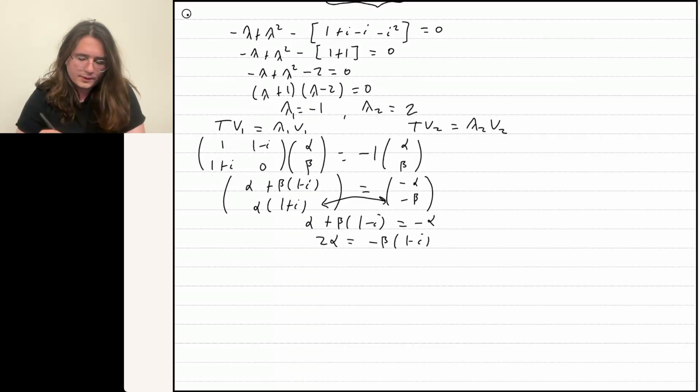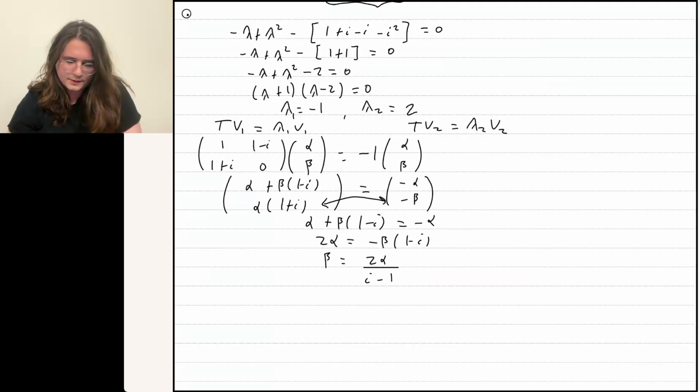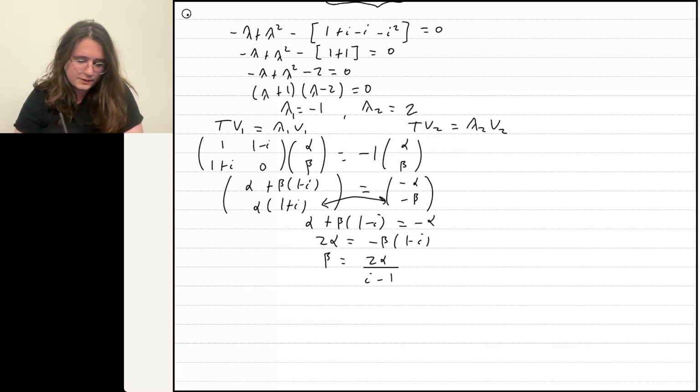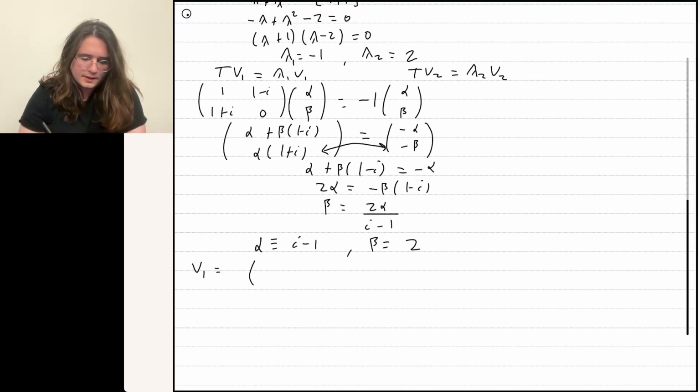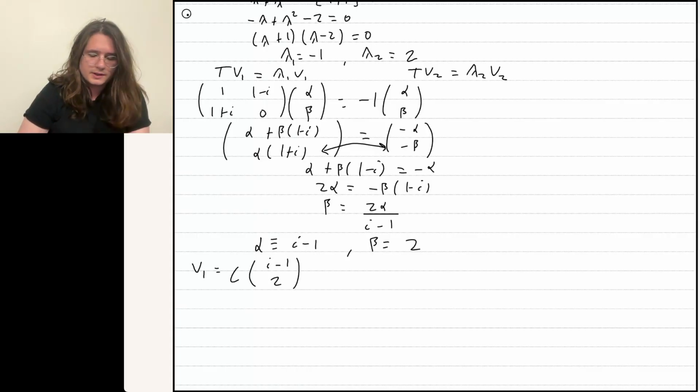That's why I'm going to solve this for beta and have it be 2 alpha divided by i minus 1 here, and then just define alpha to be i minus 1, so that beta will be, of course, just 2. So that means that v1 is i minus 1, 2, the vector, but times some normalization constant, which we now have to find.